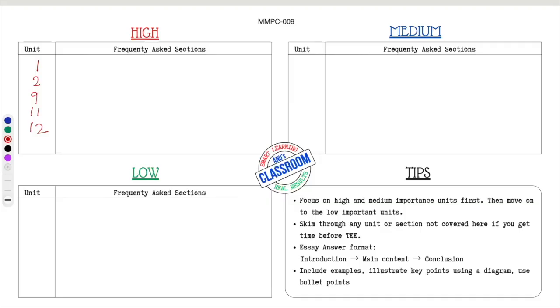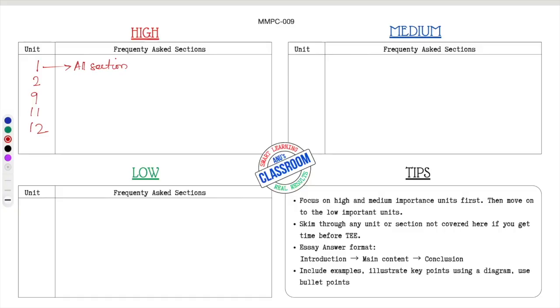So, unit 1 is the overview, the introductory unit from block 1. Here, more questions have been asked from all sections. You need to have a basic understanding of all the concepts in Unit 1. So I cannot say to skip any section from here. So all sections are important. Focus on everything.